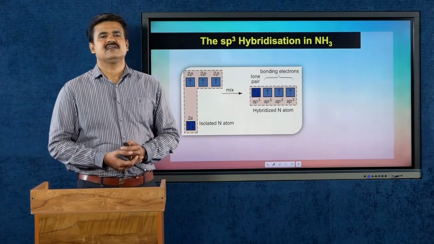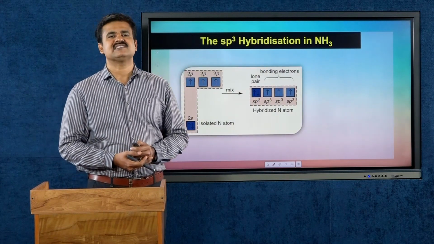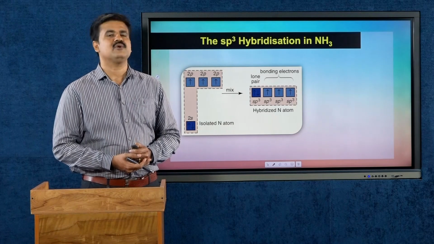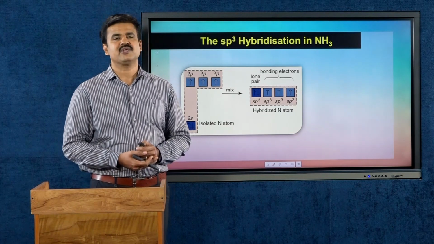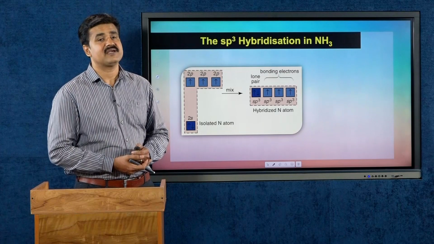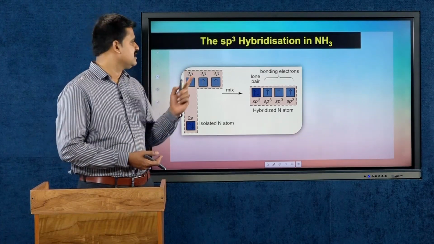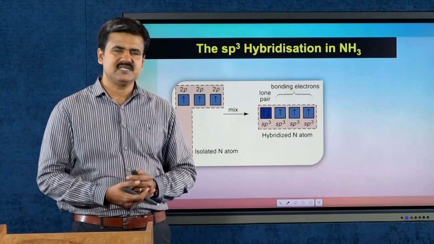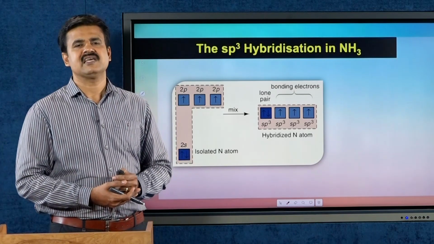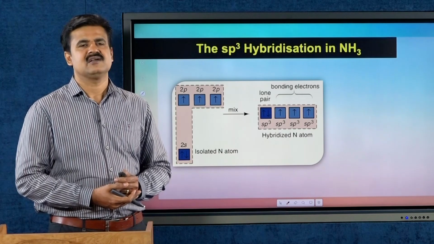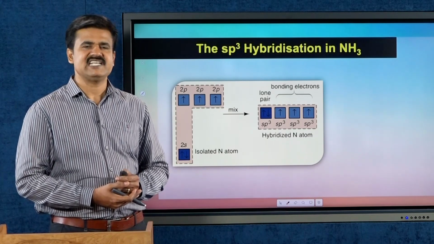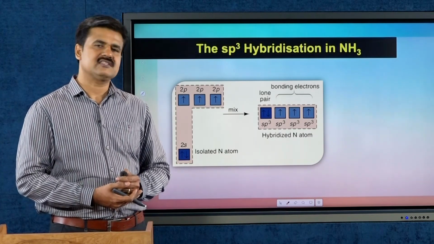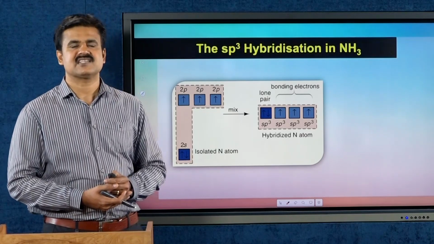Now we are looking at sp3 hybridization in the ammonia molecule. I already mentioned that in the ammonia molecule, the central atom nitrogen has a lone pair of electrons, and the electronic arrangement is here. 2s2 2p3 is the electronic arrangement. During mixing, there is an electron pair on one sp3 hybrid orbital, and 3 other sp3 hybrid orbitals are half-filled.